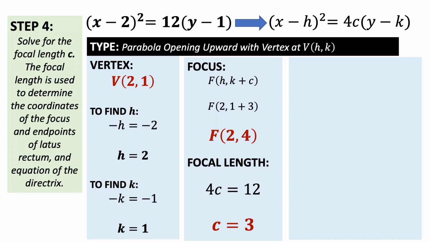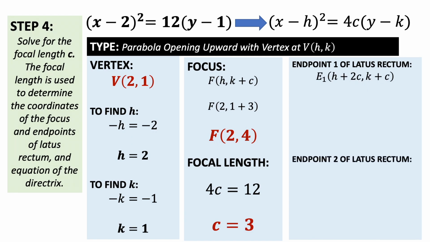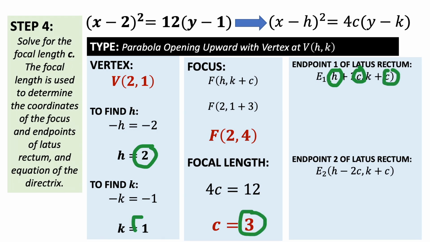Now, let's determine the coordinates of the first endpoint of the latus rectum using the formula h + 2c for its x-ordinate and k + c for its y-ordinate, and the coordinates of the second endpoint using the formula (h - 2c, k + c). Now, let's plug in 2 to h, 3 to c, and 1 to k.